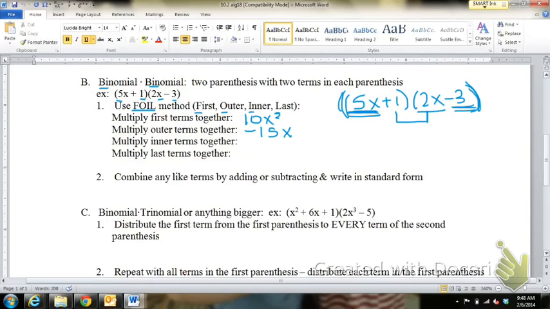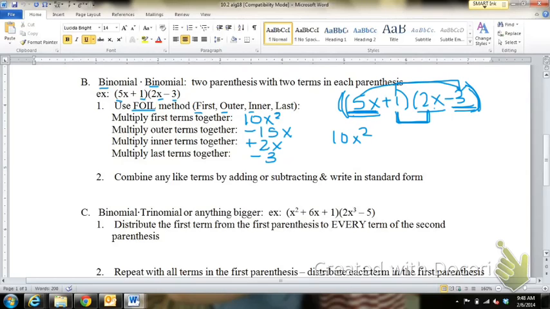Then you multiply the inner terms together. +1 times 2 is +2, and bring along the x. And then the last terms in the problem. 1 times -3 is -3. Okay, so first I did 5x times 2x and got 10x squared.